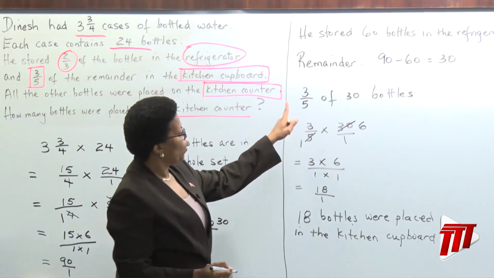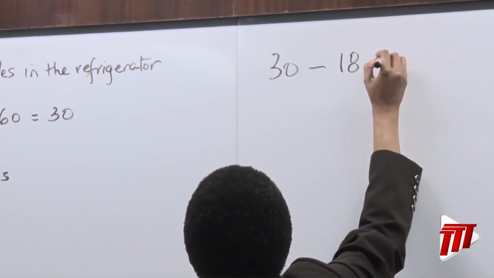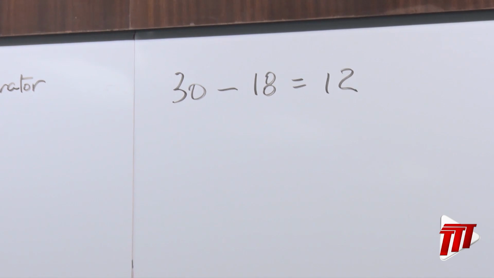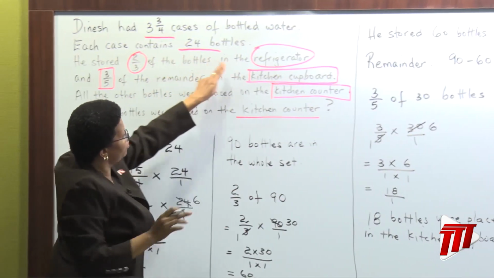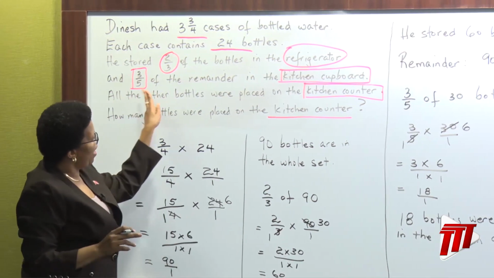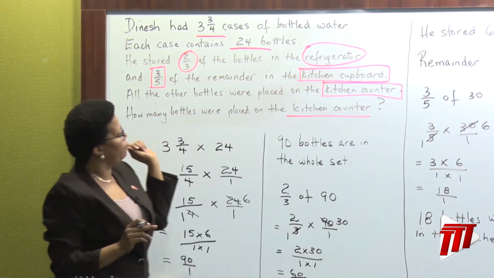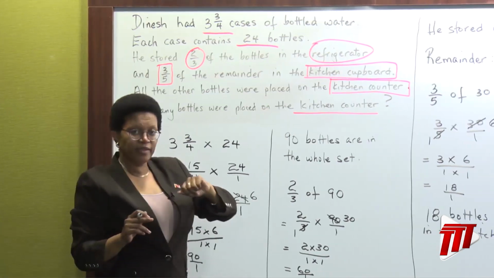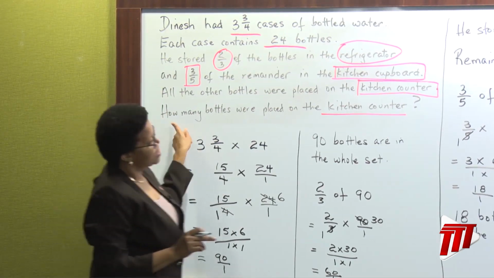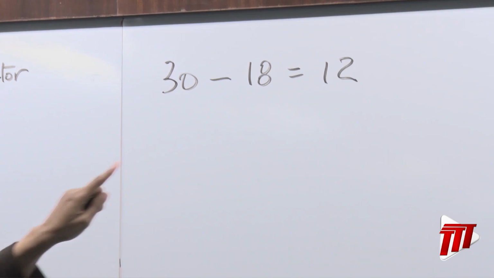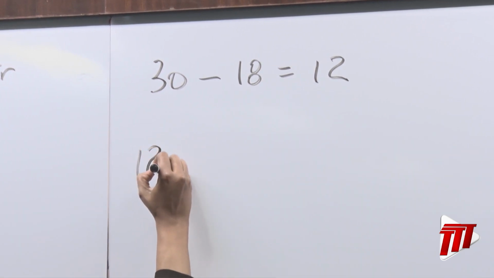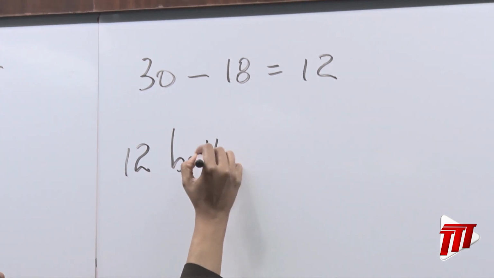30 minus 18 is equal to 12. Where do these bottles go? We have accounted for those in the refrigerator. We have dealt with those in the kitchen cupboard. We were told all the other bottles were placed on the kitchen counter. These are all the other bottles. This means 12 bottles.